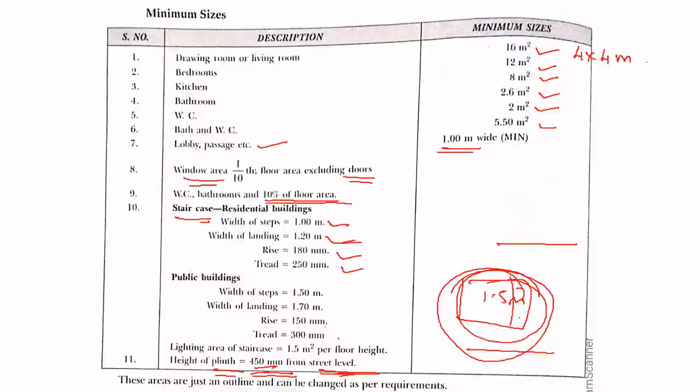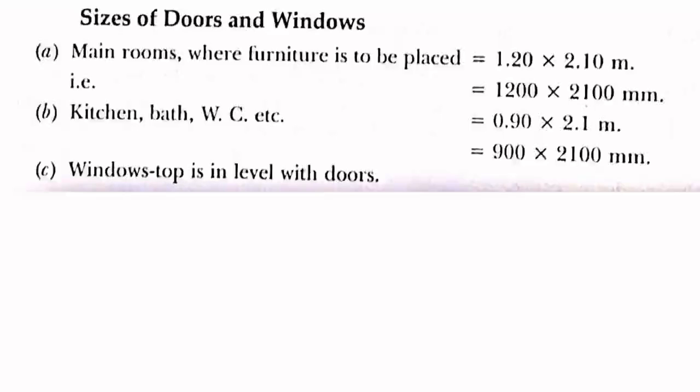And these areas are just an outline and can be changed as per requirements. These are just for your understanding, just for your starting purpose, to start your planning, section and elevation, and you can change accordingly based upon the requirements, the space available, the function, etc. Now, what about the sizes of doors and windows?